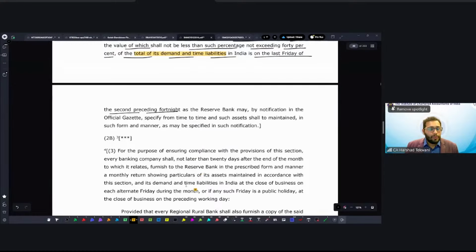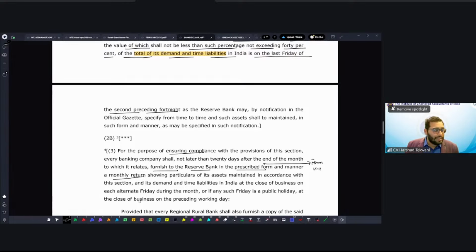Plus, you are required to file a return for this particular purpose. So furnish a return to the Reserve Bank for ensuring the compliance, in the prescribed form we just saw, Form 8, as a monthly return.